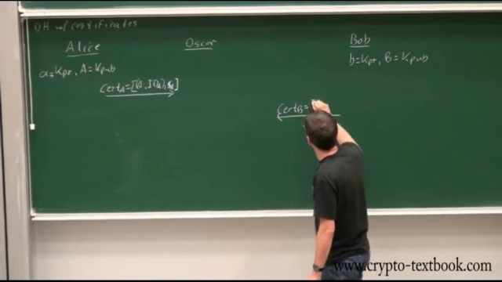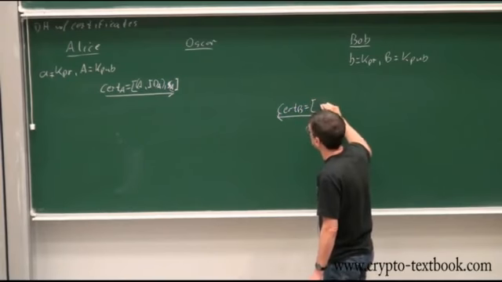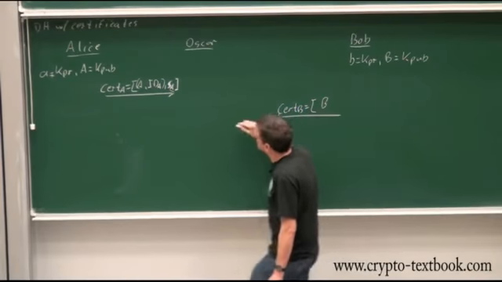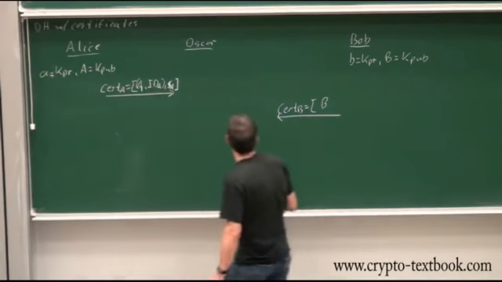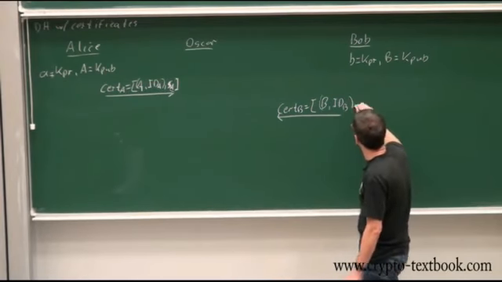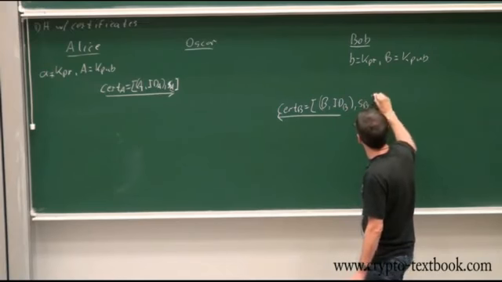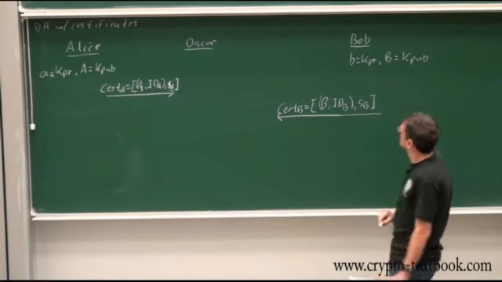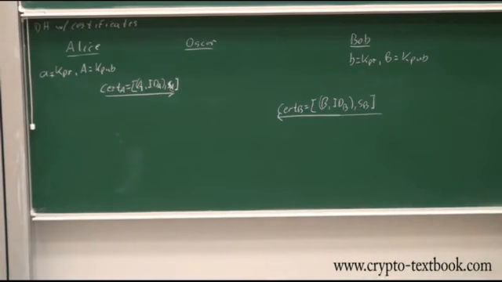He's sending his certificate, which consists of his public key, his ID information, maybe his email address, together with S index B, the signature over that information.